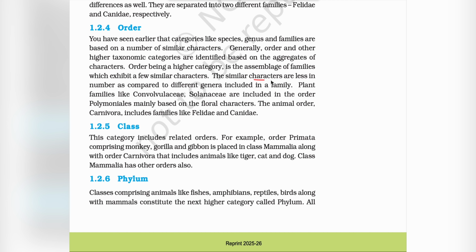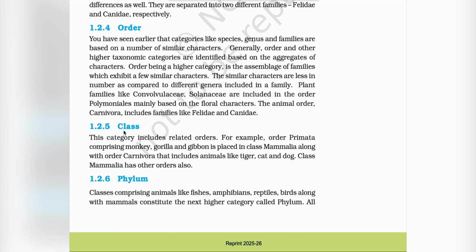The similar characters are less in number as compared to different genera included in a family. Plant families like Convolvulaceae, Solanaceae are included in the order Polemoniales, mainly based on the floral characters. The animal order Carnivora includes families like Felidae and Canidae.